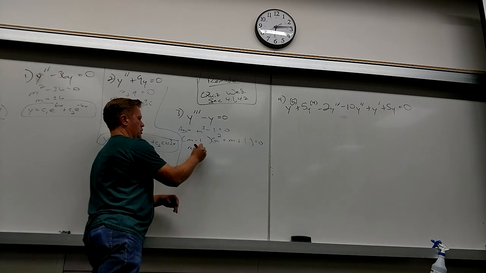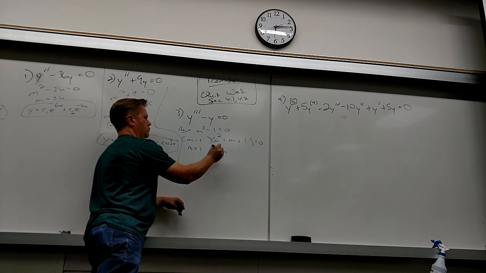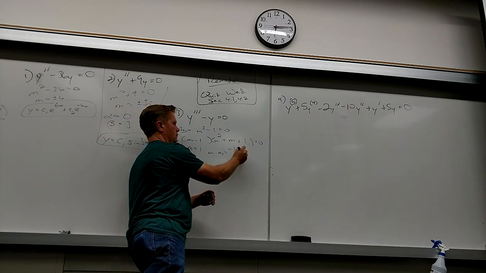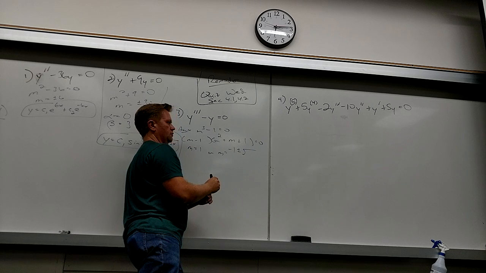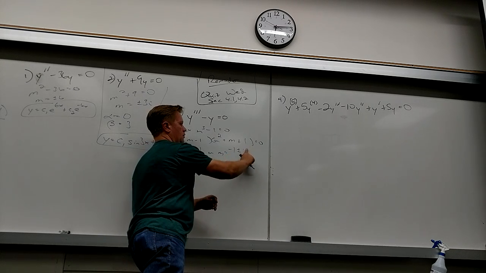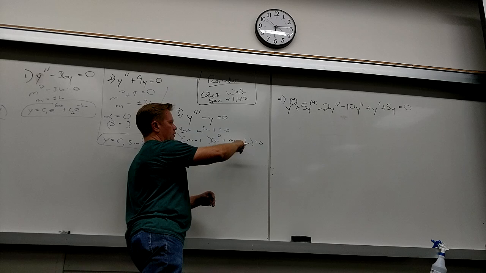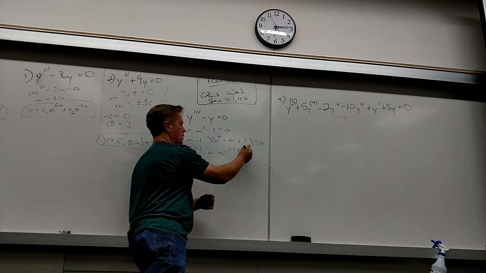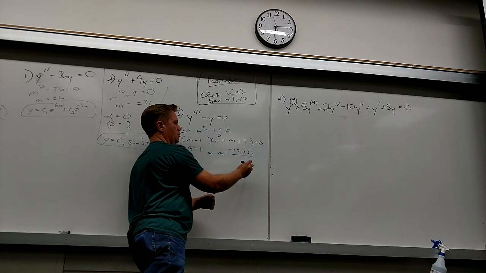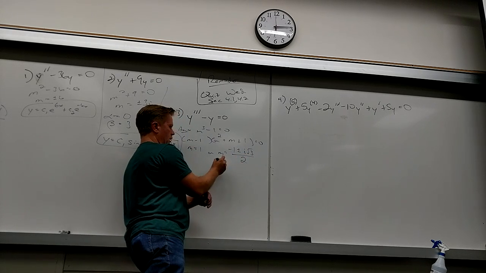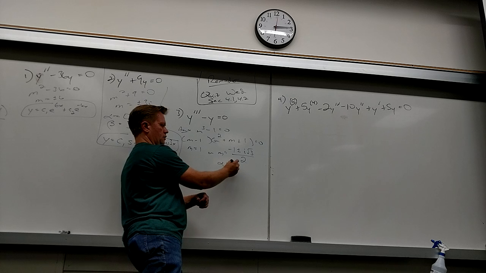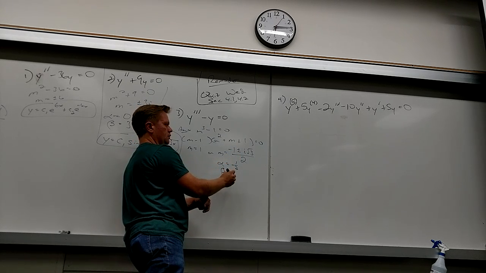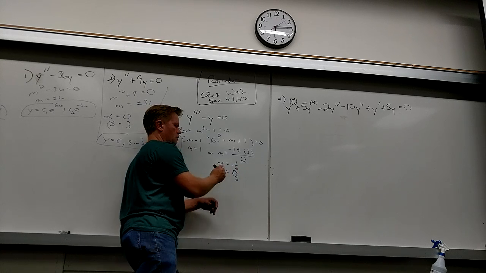So you get m equals 1, or m equals negative 1 plus or minus the square root of 1 minus 4. So it'll be negative, so it'll be i radical 3 all over 2. So alpha here is negative 1/2, the real part. Beta is square root of 3 over 2.